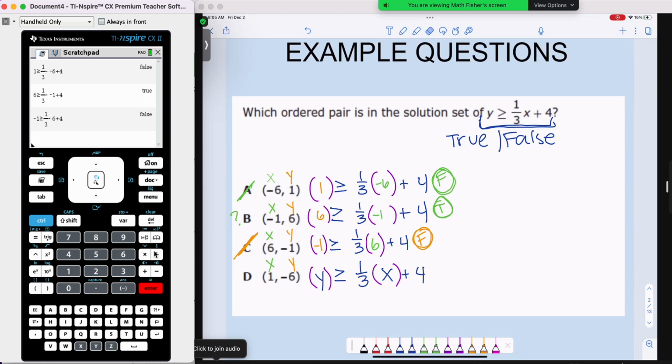I'm going to erase my x and put 1, and erase my y and put -6, and do true or false. -6, control equals, get your right symbol, then control divide for the fraction, 1 plus 4, enter, and that gave me false. So my only answer that said true was B, so that would be my answer.